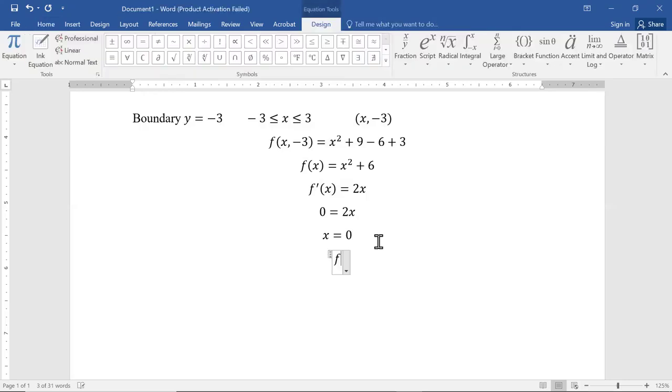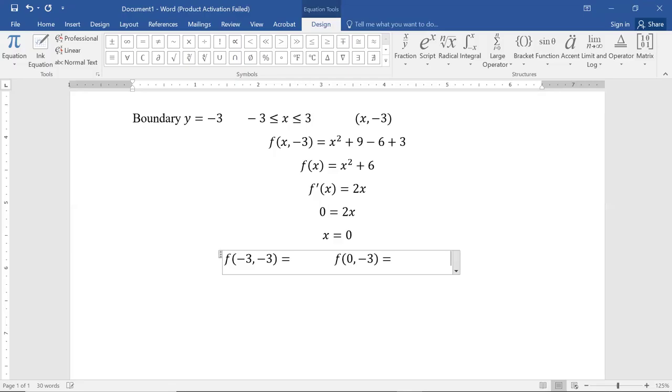I'm going to take f of (-3, -3), see what that gives me. And then I'm going to plug in, let's say, (0, -3), see what that gives me.